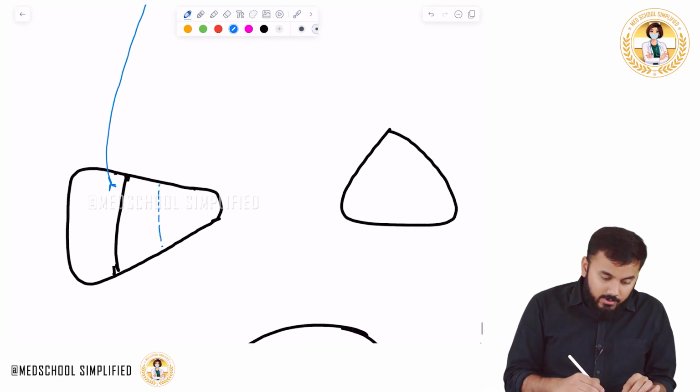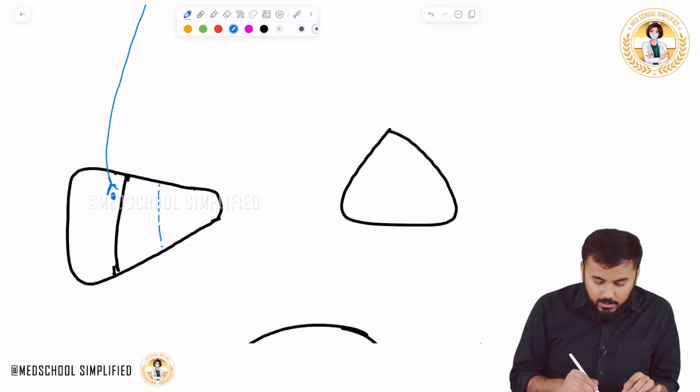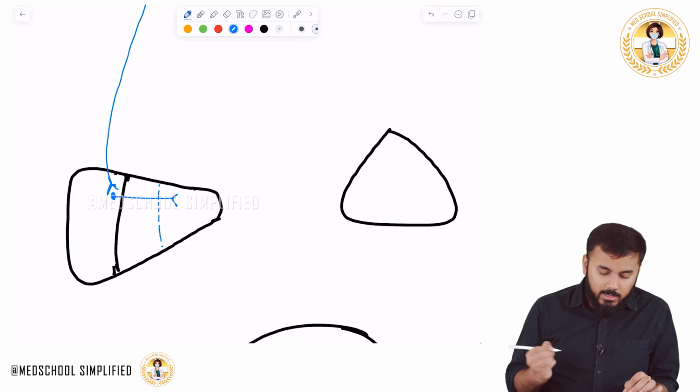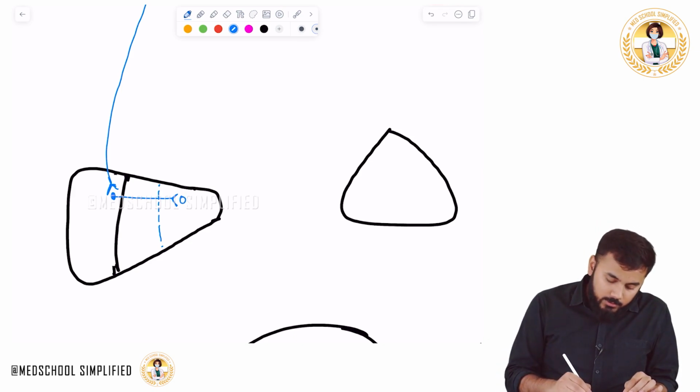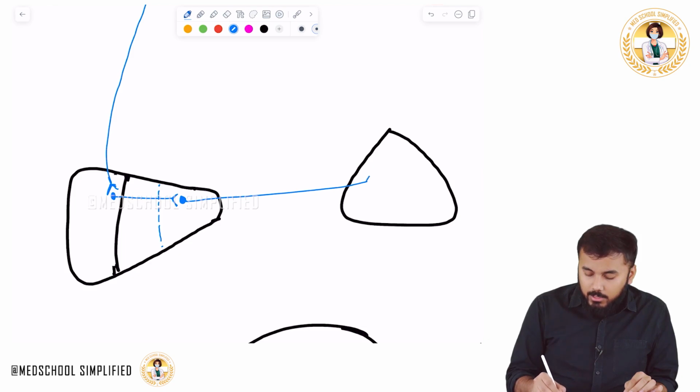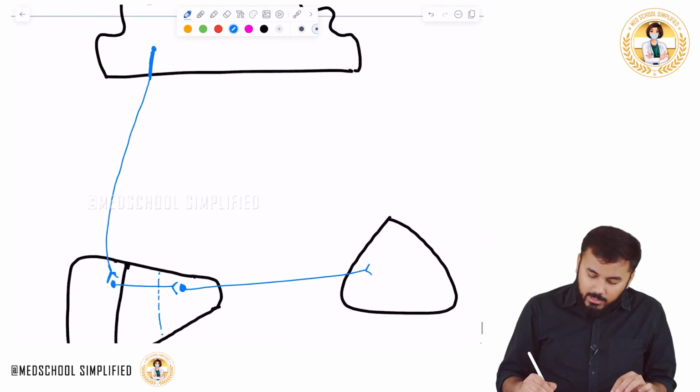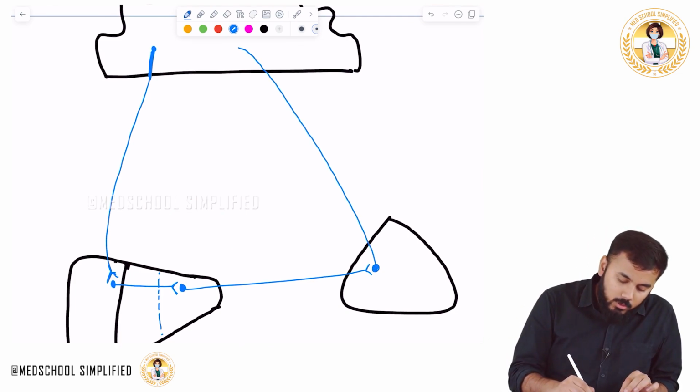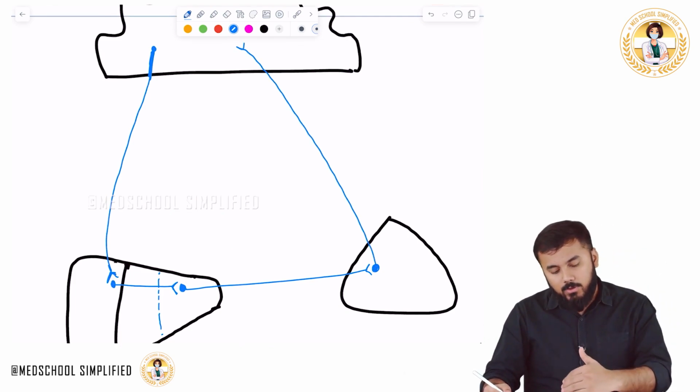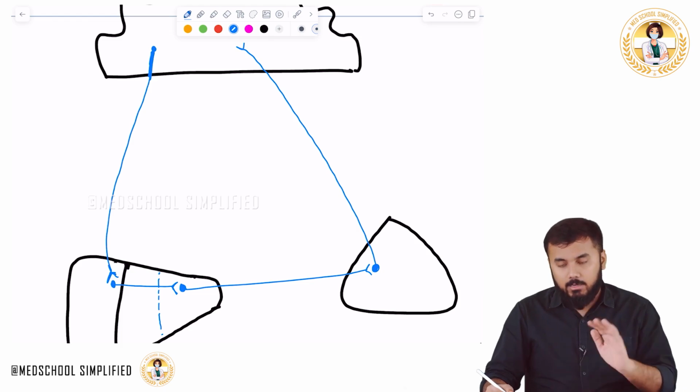Now, when it comes to the putamen, within the putamen itself, you have got another neuron that goes all the way and enters into your globus pallidus internus. From the globus pallidus internus, you have got a third neuron that is going all the way and entering into your thalamus. And from the thalamus, you have got another neuron that is going all the way up into your motor cortex. So this pathway, whatever I've just now discussed, is the direct pathway.